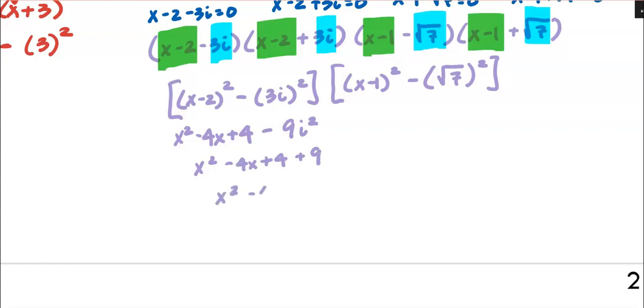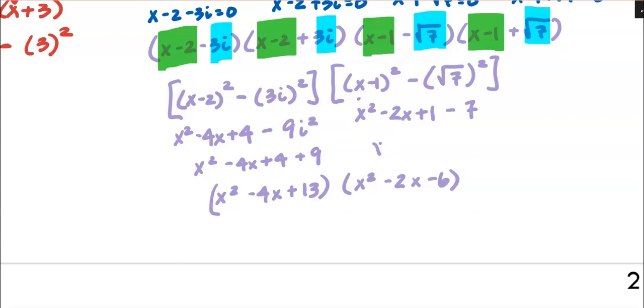So x squared minus 4x plus 13. And this is going to be x squared minus 2x plus 1, and that's going to be a minus 7. So x squared minus 2x minus 6.